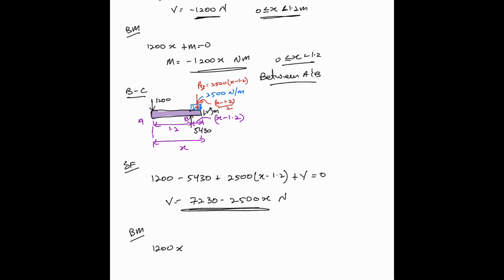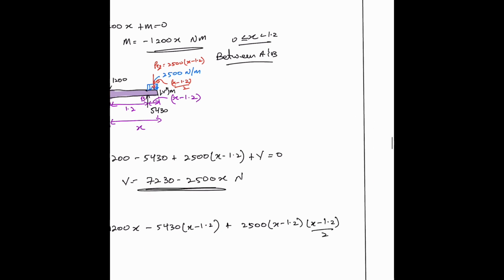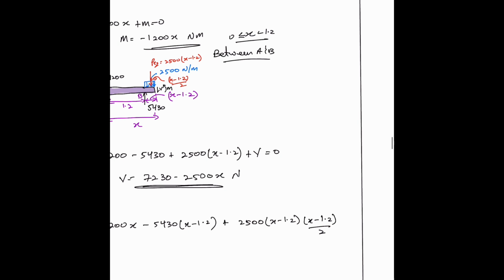We have this force here by the distance, so clockwise will be minus, plus the equivalent load, which is 2500 by the distance, plus M equals 0.